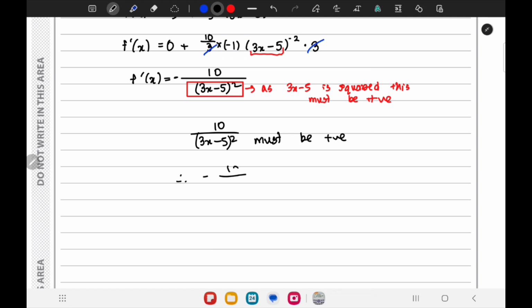So minus 10 by (3x minus 5) whole square must always be negative as well. This is the case if x is real.